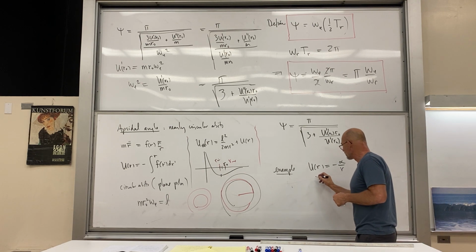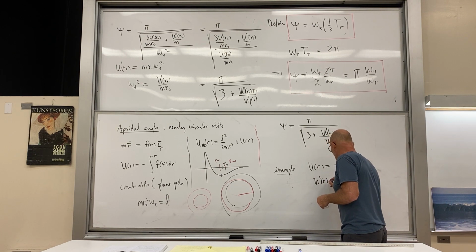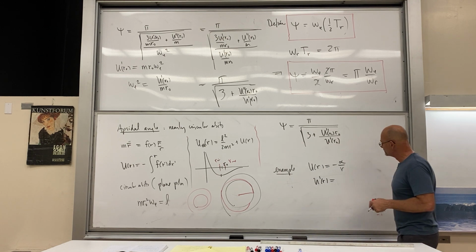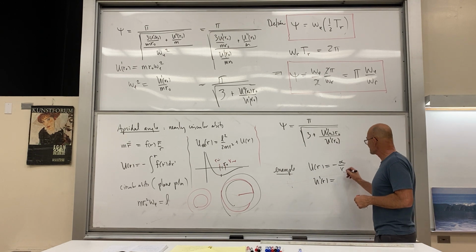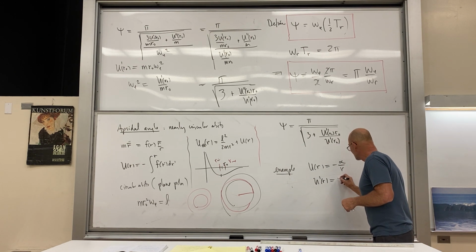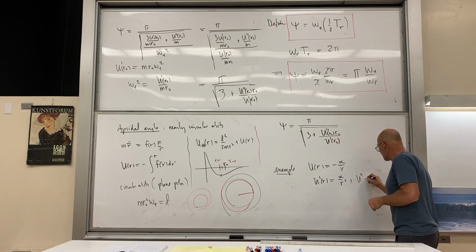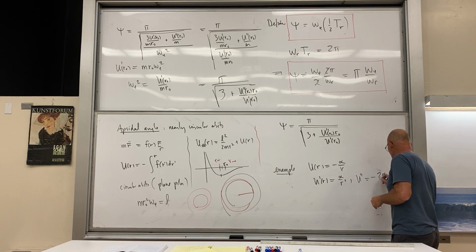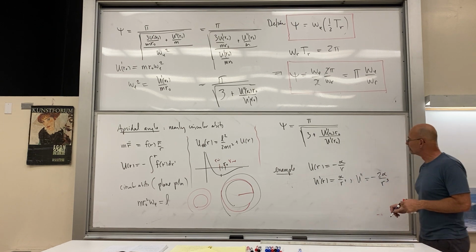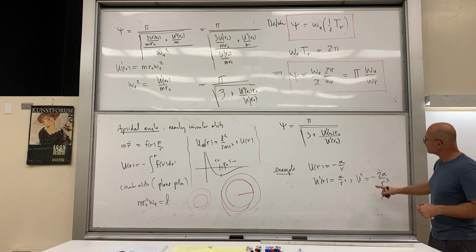U prime of r is equal to alpha over r squared. U double prime is equal to minus 2 alpha over r cubed. So we'll just go ahead and plug those in.